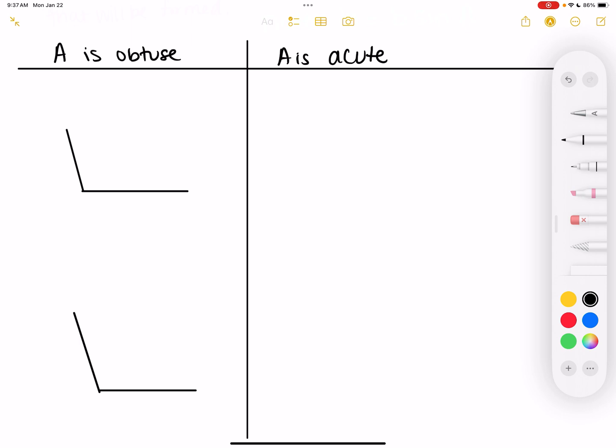So this is side B and angle A in both of these cases. Then side A, okay, that would be the other piece that was given, we're going to have a scenario with it being here, and then a scenario with it being here.